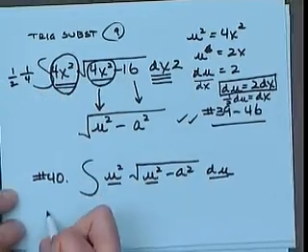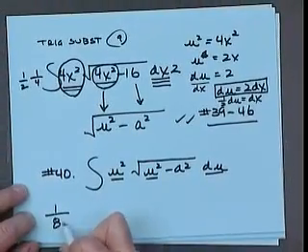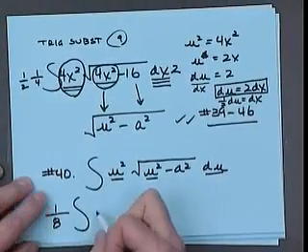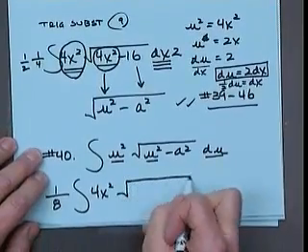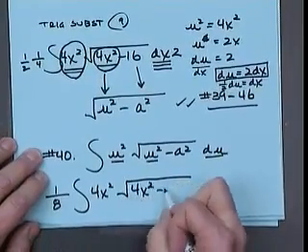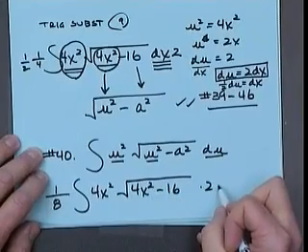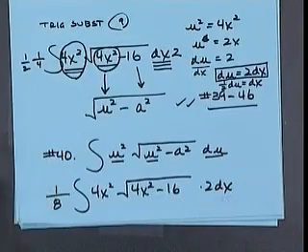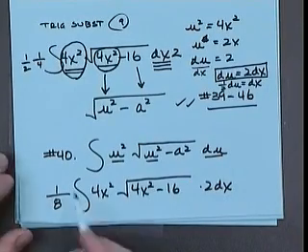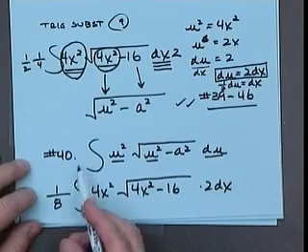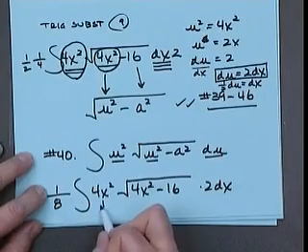So we have a 1/8 out in front. We've got a 4x squared. So let's make sure that we now have a literal copy of integration formula 40 from the table. This is u squared.